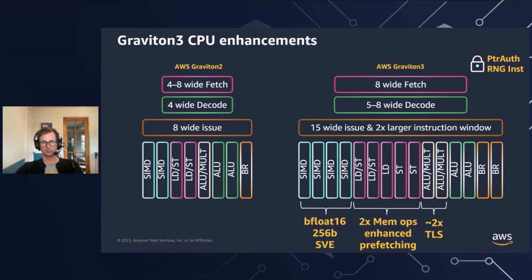And a couple additional new features that we've introduced in Graviton 3: we now have pointer authentication, which is a way for the processor to sign pointers and check them before dereferencing them, a pretty interesting security feature. And we've also added instructions to generate random numbers.